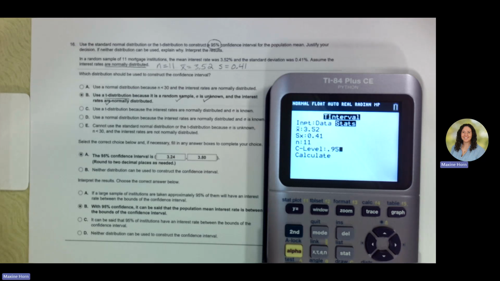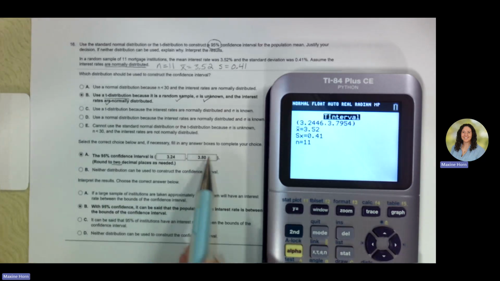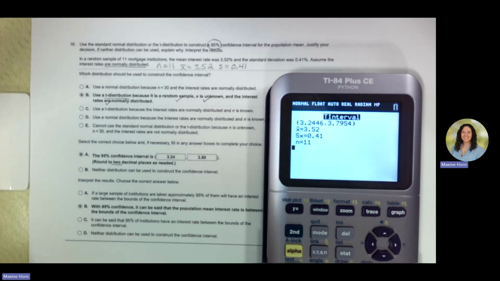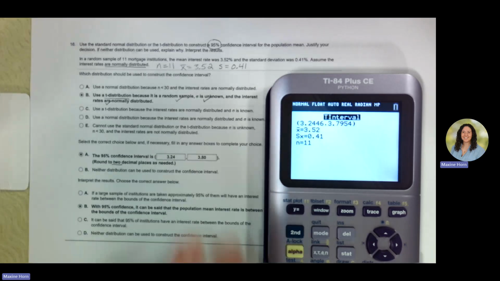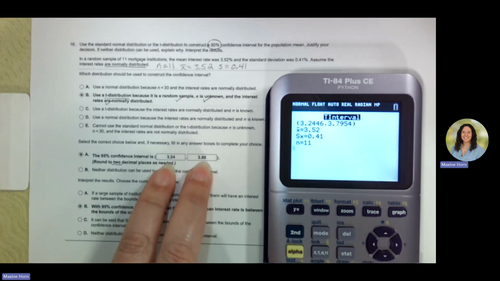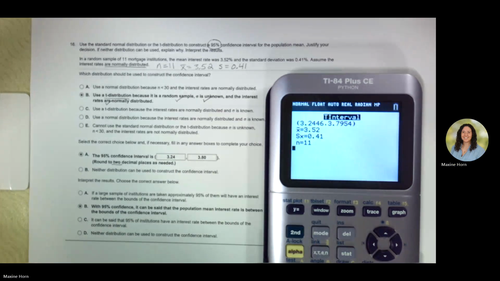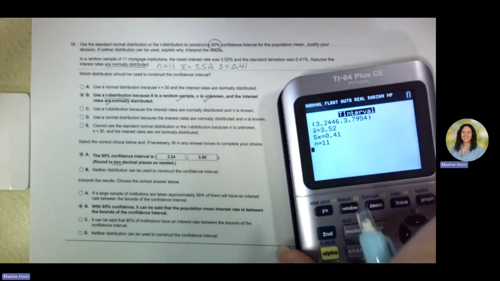Okay, so if we go to 2 decimal places, right, they told us to go to 2 decimal places, we get these numbers. And then they want us to interpret the results again, like we've been doing. We can say with 95% confidence that the true population mean falls in the bounds of the interval, right? It's the whole basis of confidence intervals.